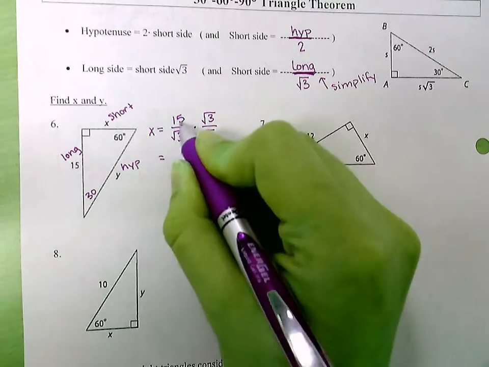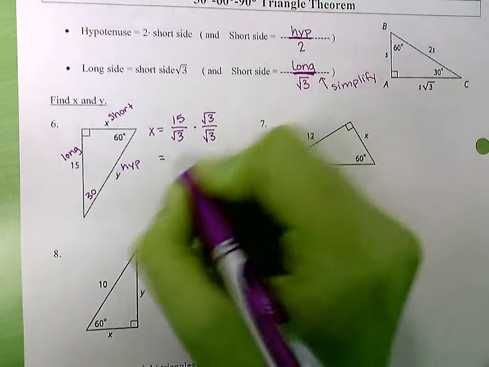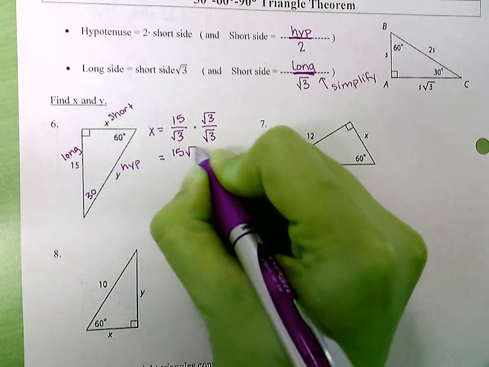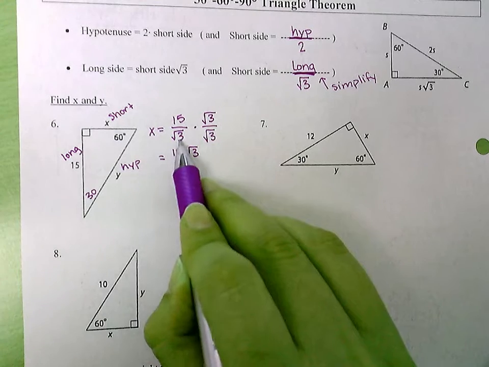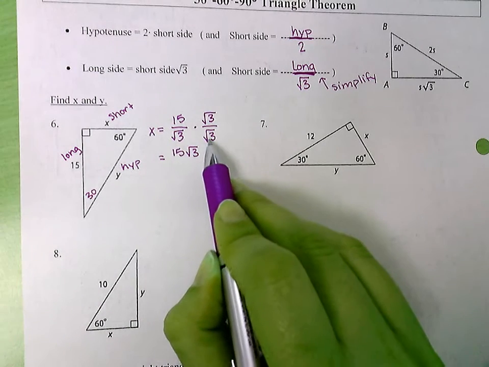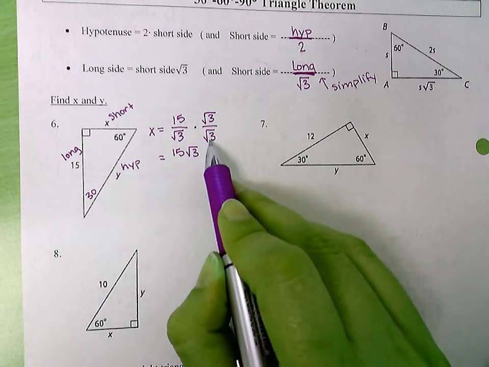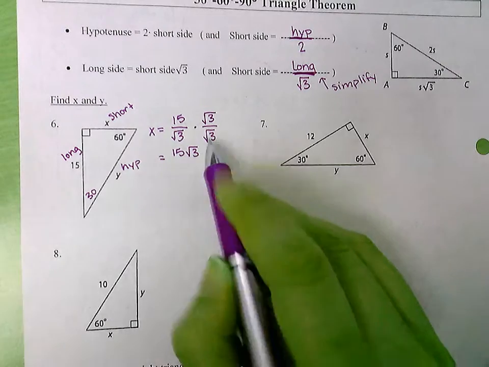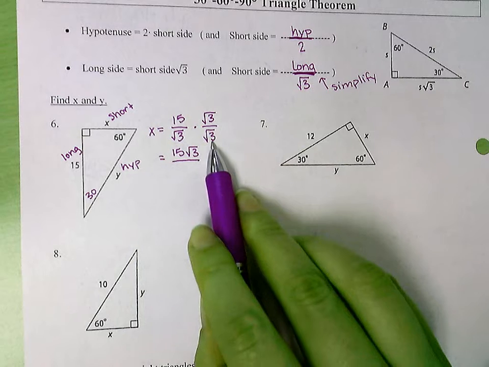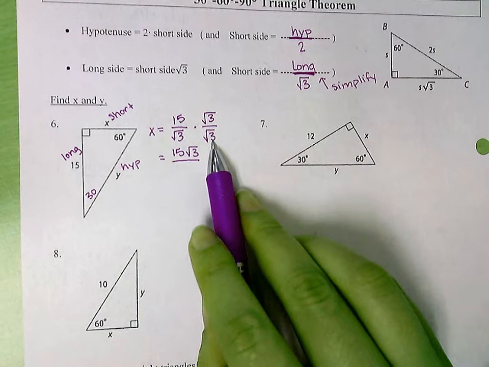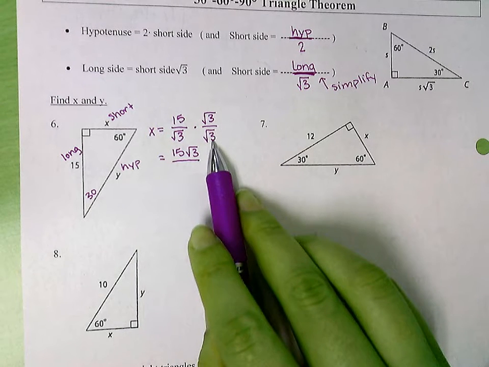Okay, then I can multiply straight across. So I have 15 times the square root of 3. Now if I have square root of 3 times square root of 3, what's that going to give me? It'll end up being 3. So if I have 3 times 3, that's 9. Okay, that's the square root of 9.